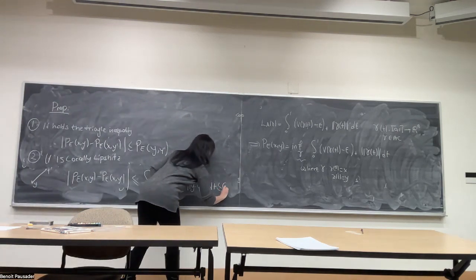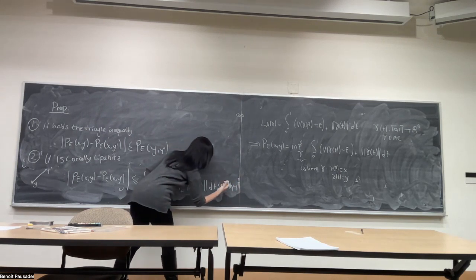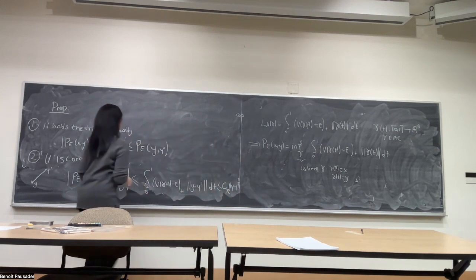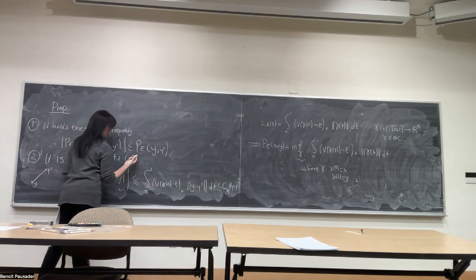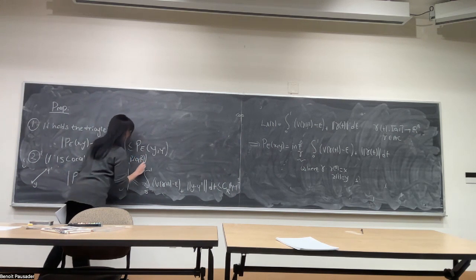So that will be some constant times the norm of y minus y prime, where the constant depends on the domain.